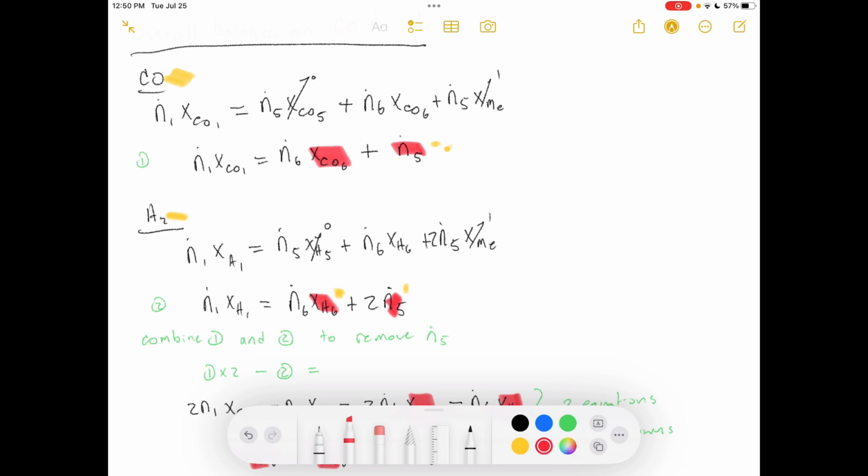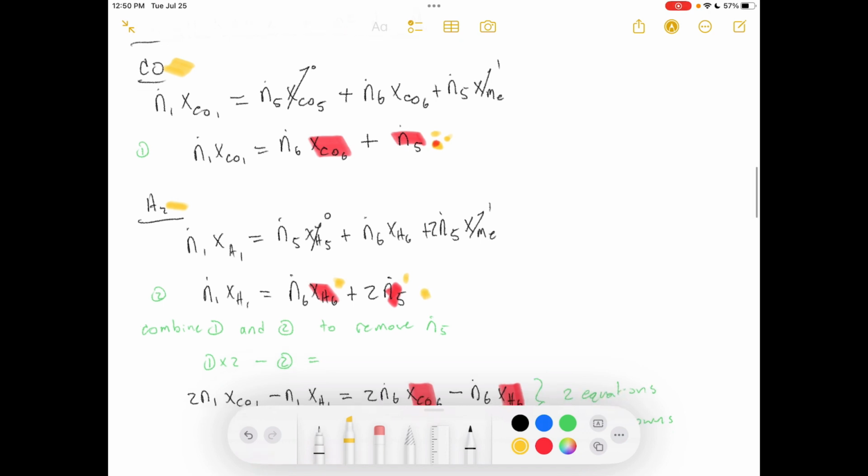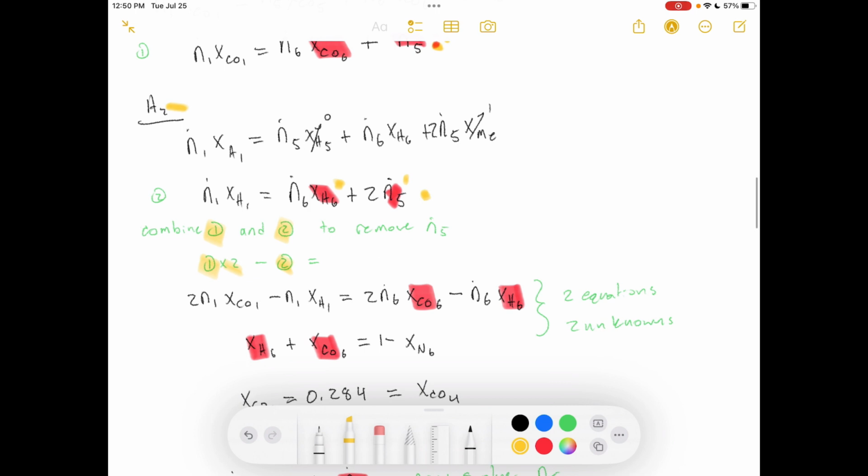However, look at this. We could remove N5 from the equation by combining these two terms. So let's combine equation 1 and equation 2: 1 times 2 minus 2, right? Then that gives us this equation, which N5 is not a part of.